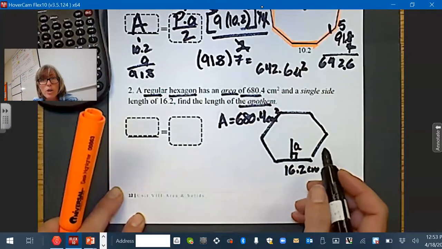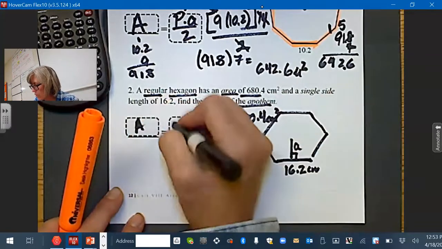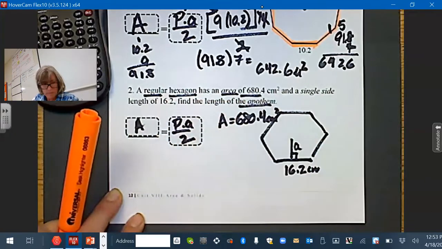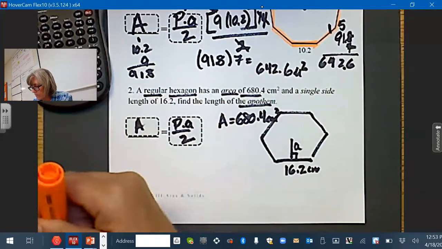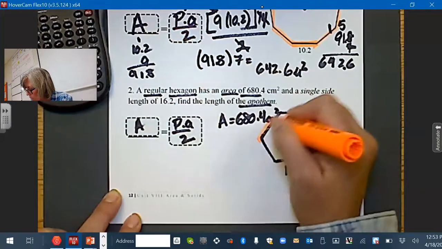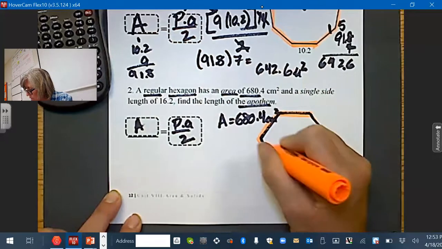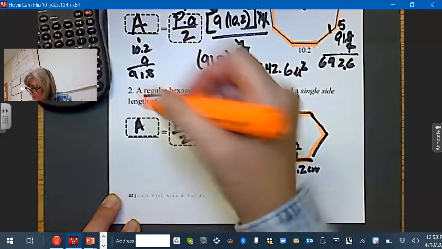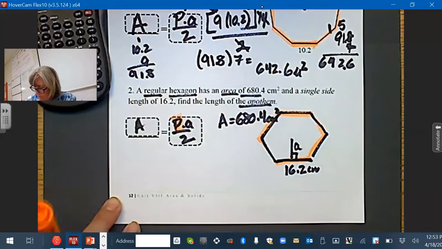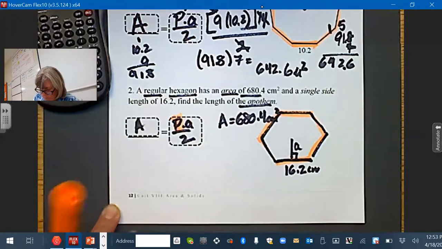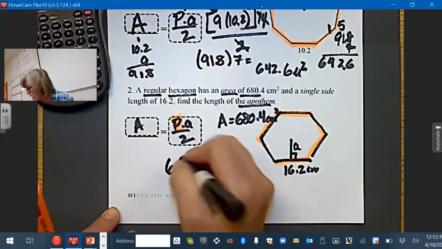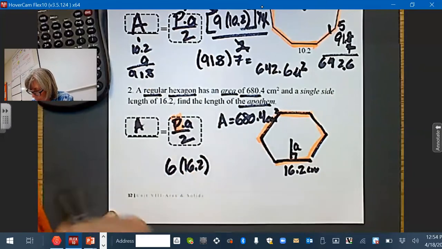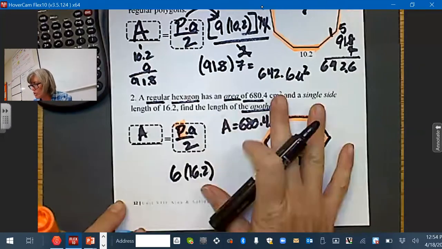Always start with writing your equation. Area equals perimeter times apothem over 2. Our perimeter is going to be 6 sides times 16.2, times our apothem that we don't have.